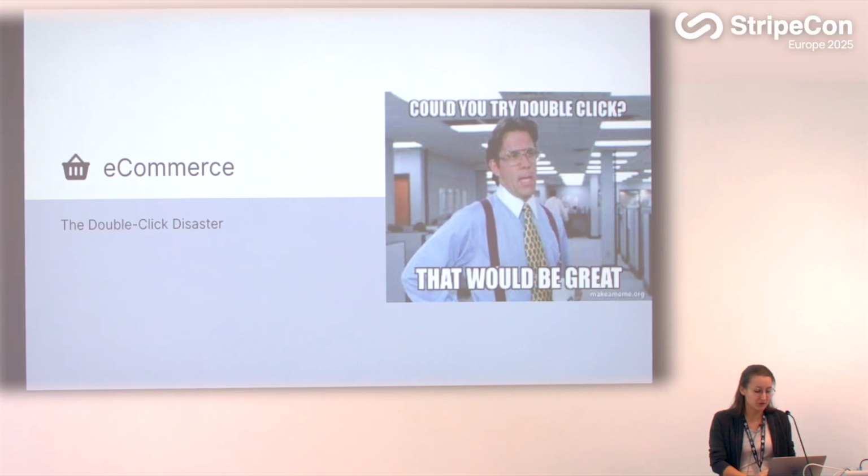So we put on some JavaScript to prevent the customer from double-clicking that button. We're still trying to find out how to prevent it without JavaScript. Hopefully we will find a way as well.